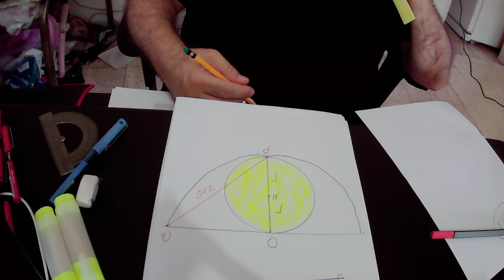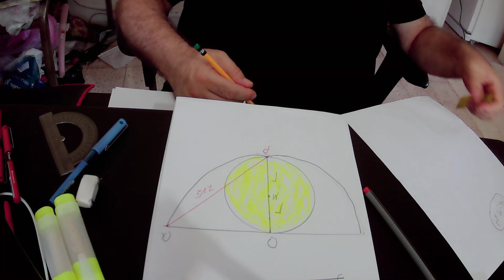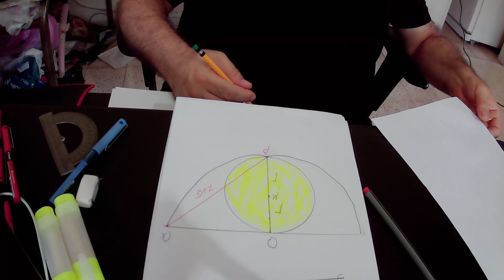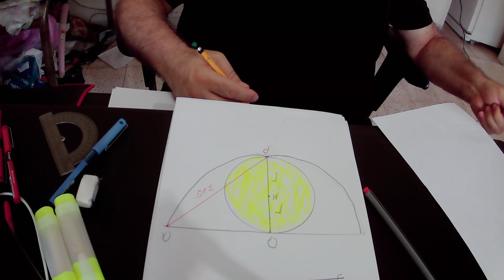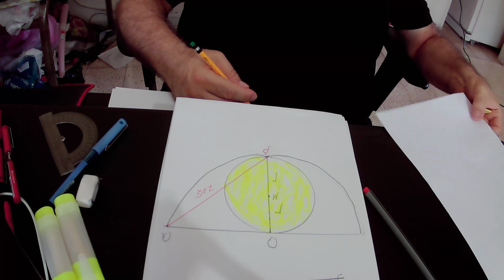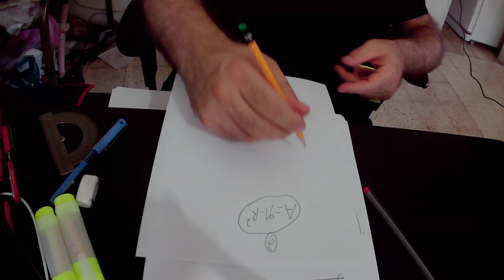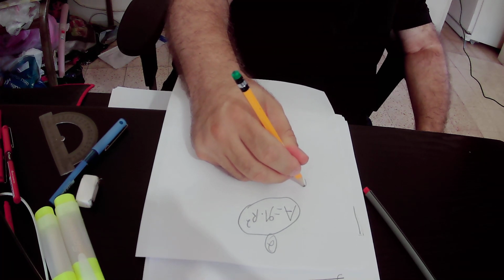And actually we have a rule that states that if two circles touch each other, I will call it rule number 1.